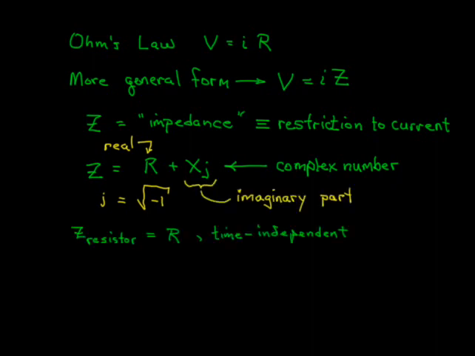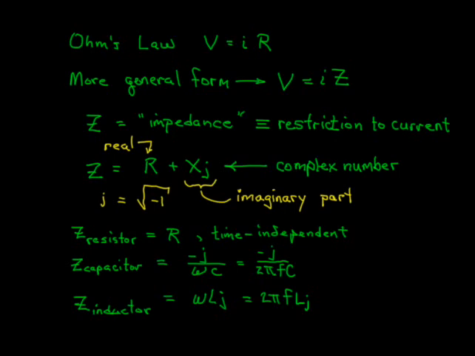The impedance for resistors is all time independent, so Z equals R, or the resistance for a resistor. X equals 0 for a resistor. The impedance for a capacitor is all in the imaginary part. It's minus j over omega C, or minus j over 2 pi f C.